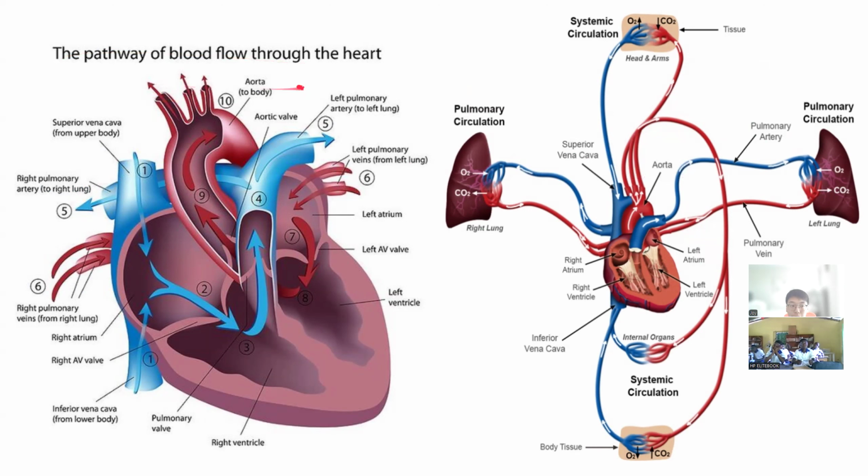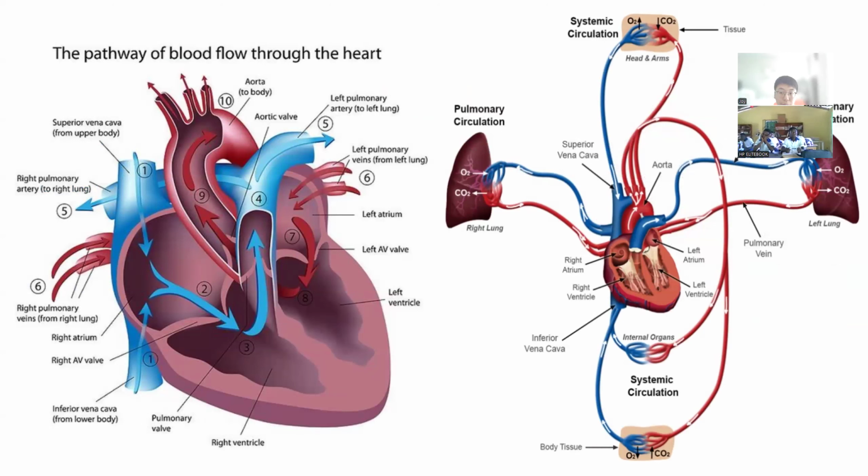So this is the general pathway the blood flows through the heart. I've already talked about this a little bit before. But here, first step, it's important to note that it returns to the vena cava.